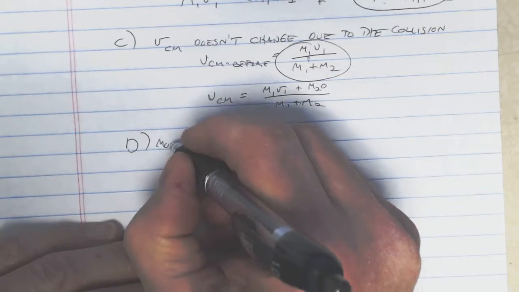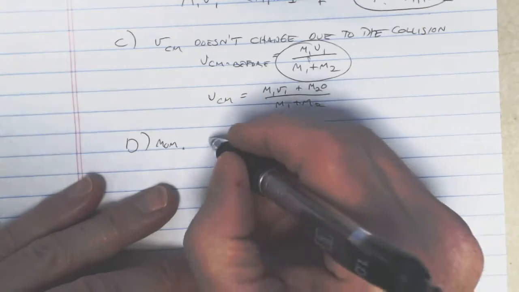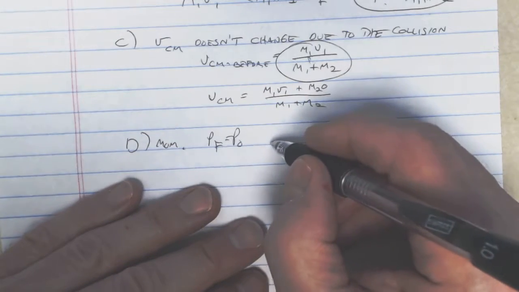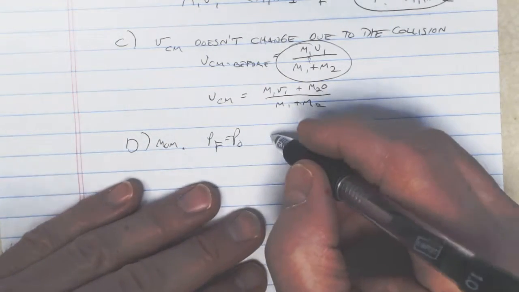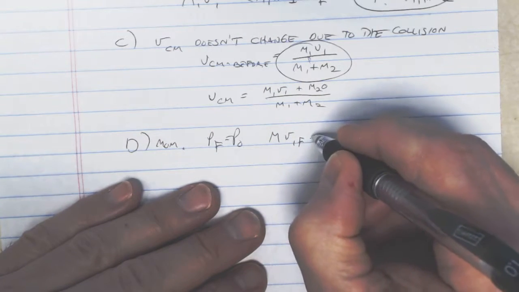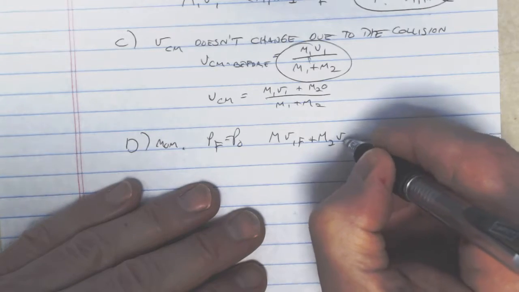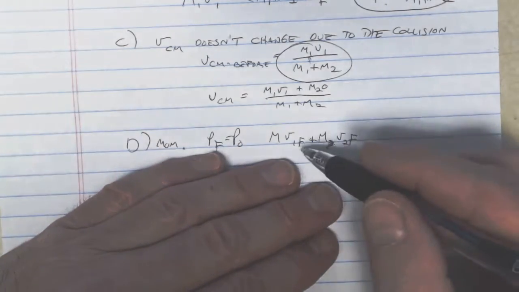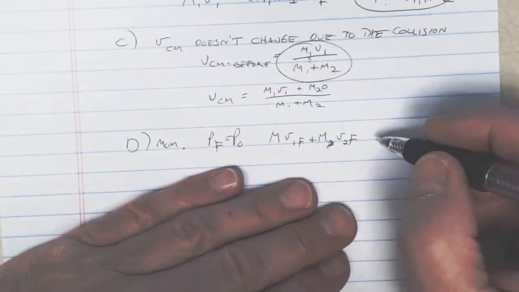Well, you write down a momentum conservation relationship. P final equals P naught. Remember all the masses are equal in this case, so let's just call them m, to simplify our life. So m v1 final plus m v2 final.